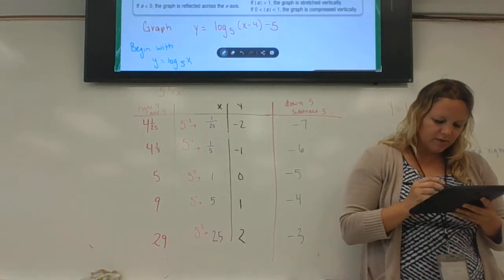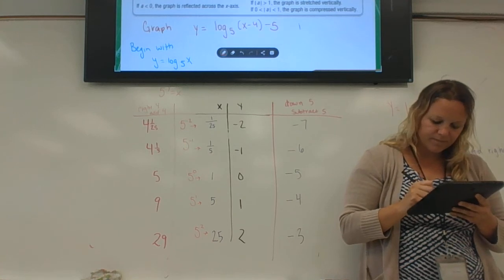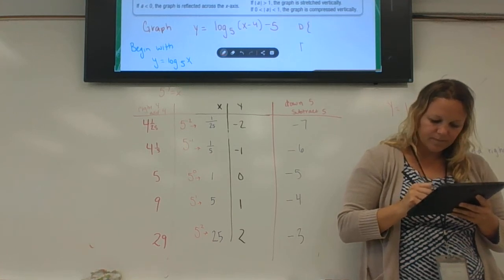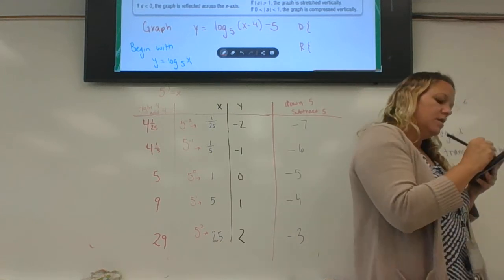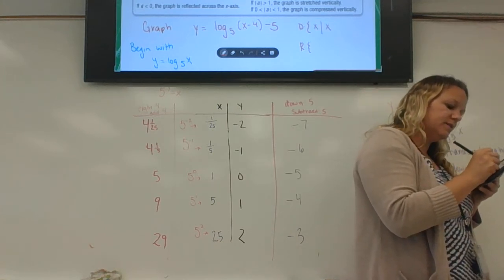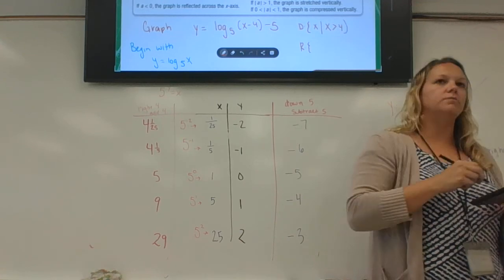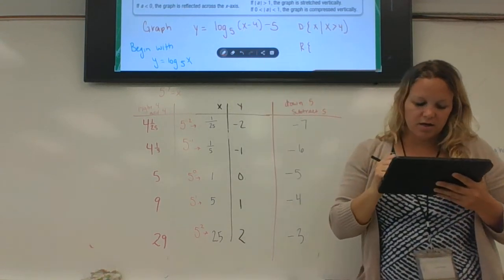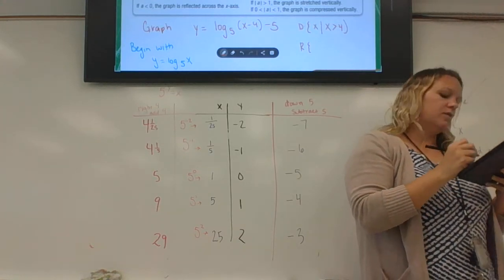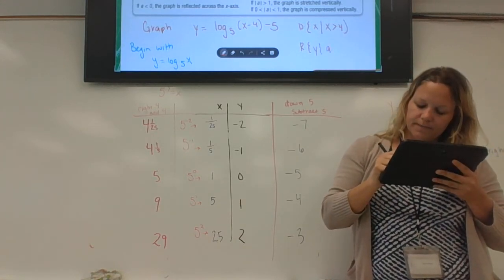So the domain of the transformed is x is greater than 4, which comes directly from this h value here. And the range is still all real numbers.